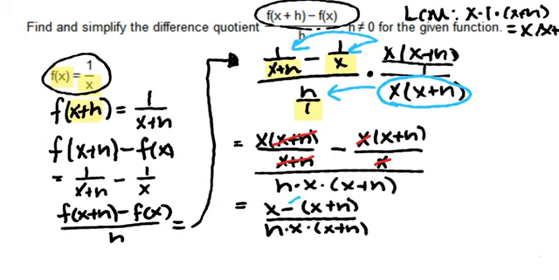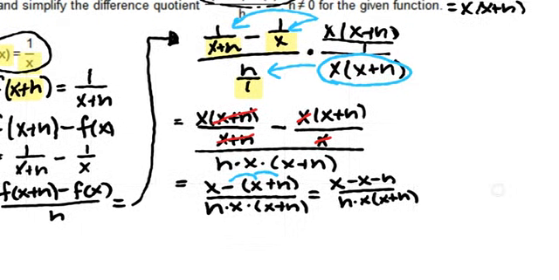Now in the numerator, I'll use the distributive property to get x minus x minus h, over h times x plus h. x minus x is 0, so in the numerator I'm left with negative h over h times x plus h.